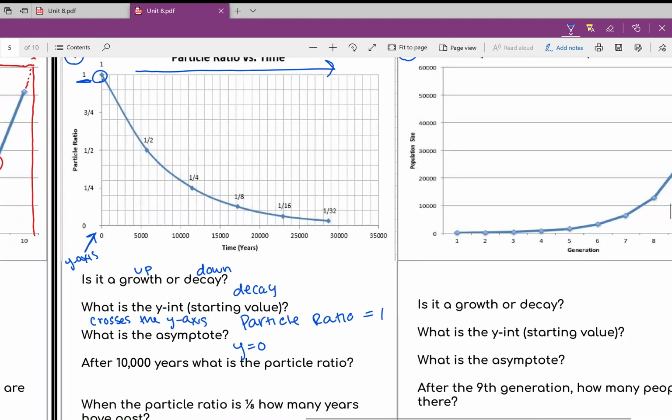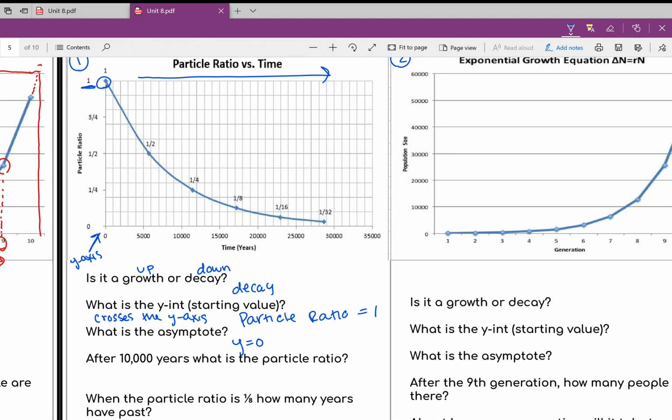Then it says, after 10,000 years, what is the particle ratio? So we need to find the 10,000 year mark. It is right here. I'm going to change my color real quick. I follow that line all the way up, and then see where it matches up on our y-axis.